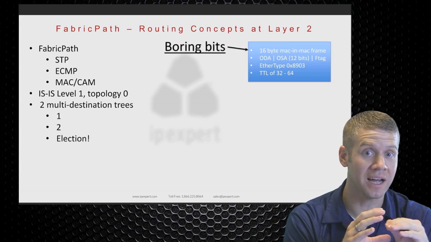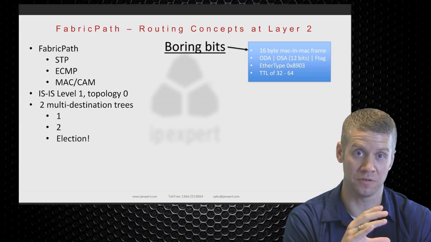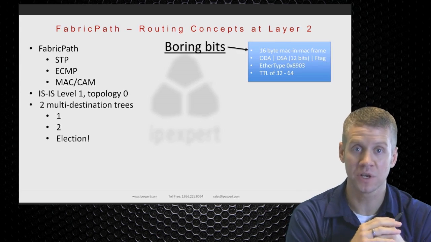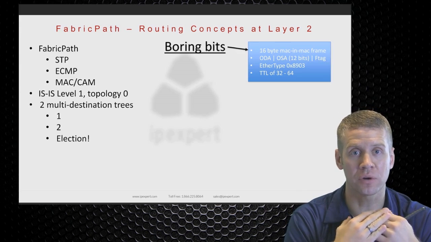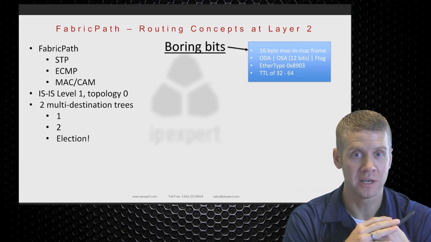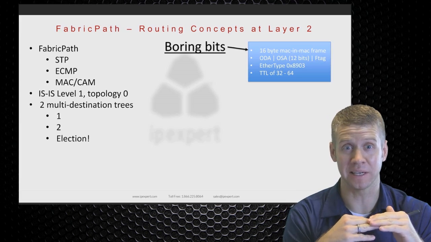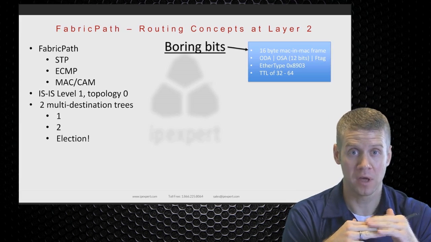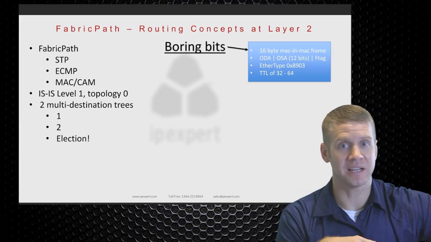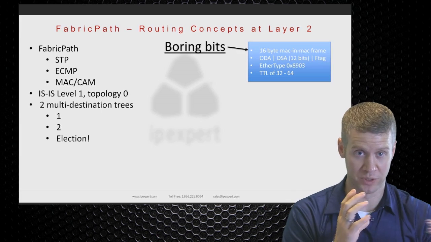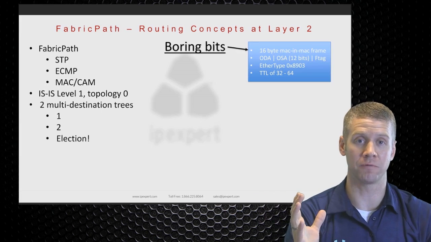IS-IS can actually auto-configure itself at layer 2, form adjacencies, and build routing tables, all without any user intervention on our part. So we're going to enable FabricPath, and you're going to see how easy it is to implement. When we do it, IS-IS is going to do its magic in the background. It's going to form adjacencies and exchange switch IDs. Everything's going to be done for us.